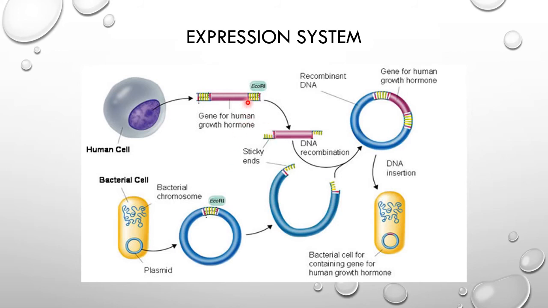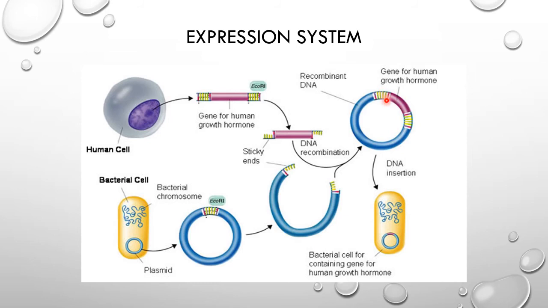Now the gene and the plasmid come together, and because both have sticky ends, or ends which match their nucleotides, they attach with complementary nucleotides, and a recombinant plasmid is formed.